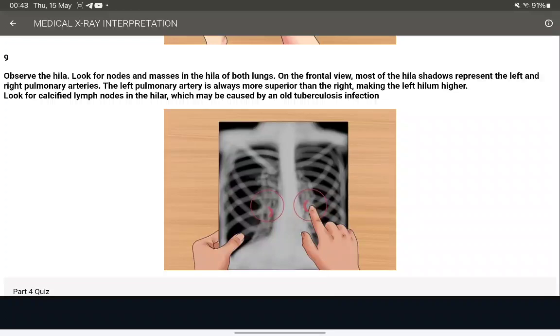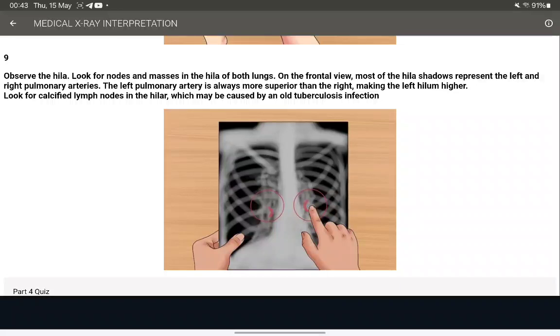We have two hila, the right and left. The left hilum is above the level of the right hilum.